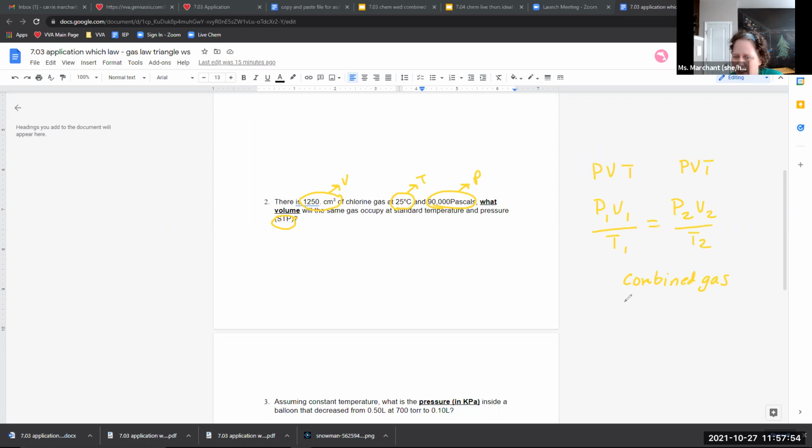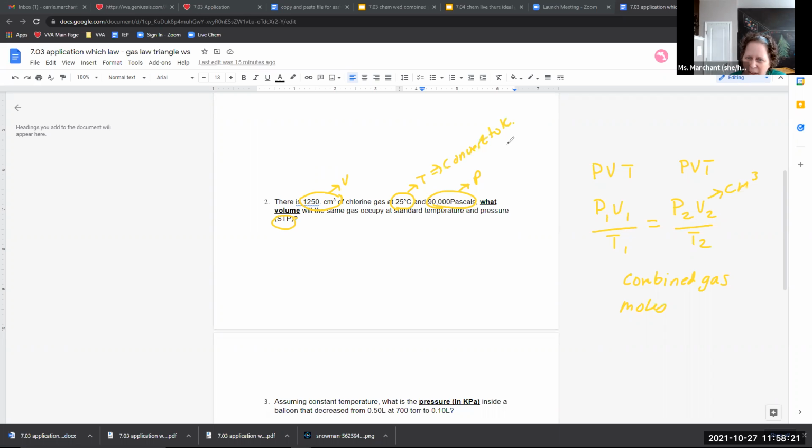So the only thing constant here is the moles. So now I have to make sure I'm talking apples to apples. So centimeters cubed is fine for the volume. It just means my final volume is going to be in centimeters cubed. So make sure you have the right units at the end. Temperature, make sure you convert that to Kelvin.